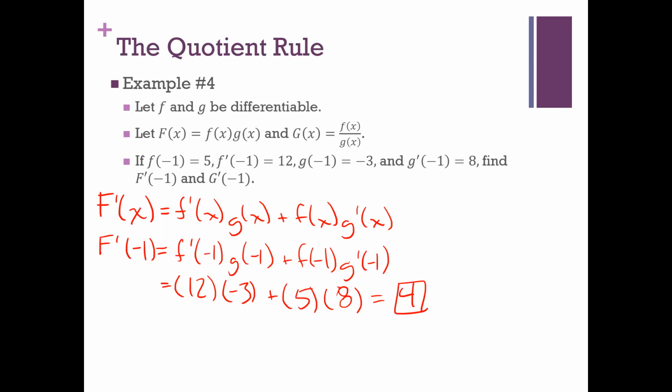All right, so if that's capital F prime of -1, what's capital G prime of -1? How should I start attacking that? What's the quotient? Yeah, so we need the quotient rule. How come? Because it's division.